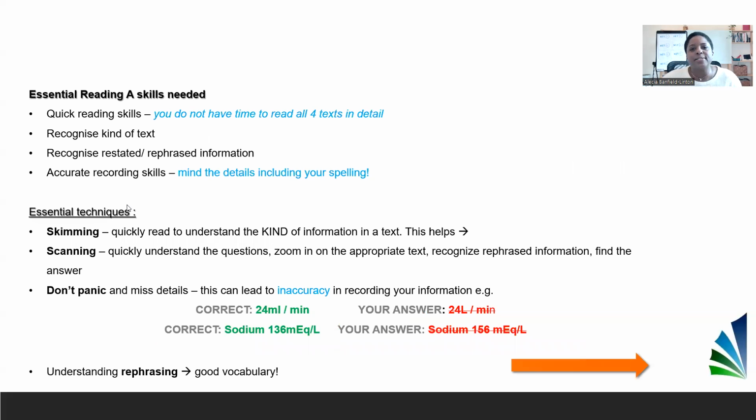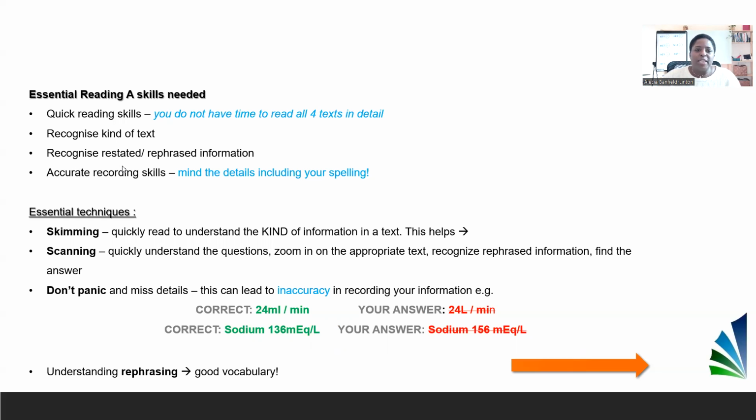So what kind of skills are needed in the OET challenge part of it? First of all, quick reading. You've got to be quick. You do not have time to read all 4 texts in detail. So you've got to be able to read very quickly and almost immediately understand what they're talking about, how they're talking about it, and so on.